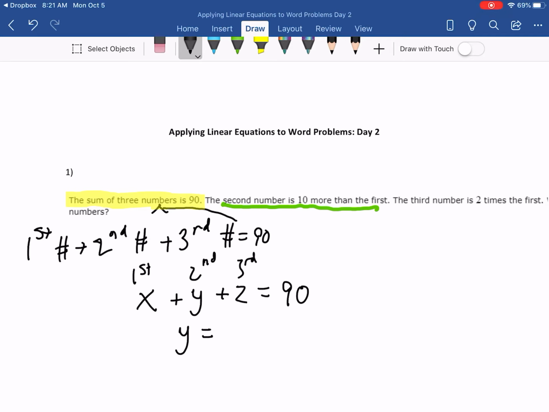So the second one, y, is the first plus 10. Okay, and the third number is z. Z equals 2 times the first. So the first is x, that's 2x.